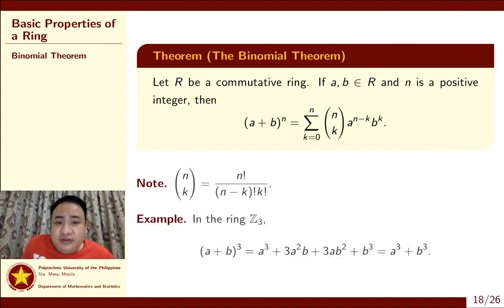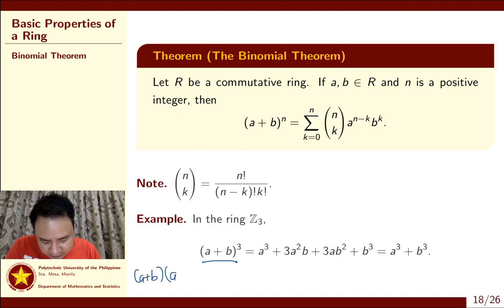As an illustration, in the ring Z sub 3, okay, nasa Z sub 3 tayo. (A + B)^3, anong sabihin nun? A plus B, makita nyo magkaiba yan. So ito, ang meaning talaga niyan, (A + B) times (A + B) times (A + B), 3 times.